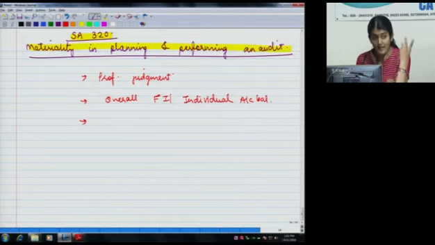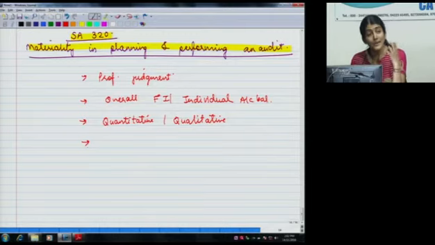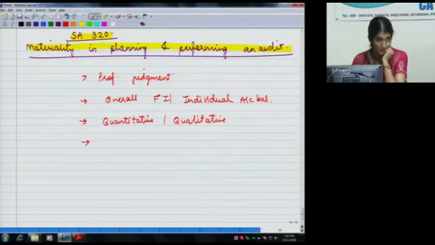Then the third one, I've already talked of it in SA 450. Materiality is both quantitative as well as qualitative in nature. So inventory valued by 20 crore, quantitatively material. But sitting fees of 10,000 paid in excess of what is allowed under company law, qualitatively material.